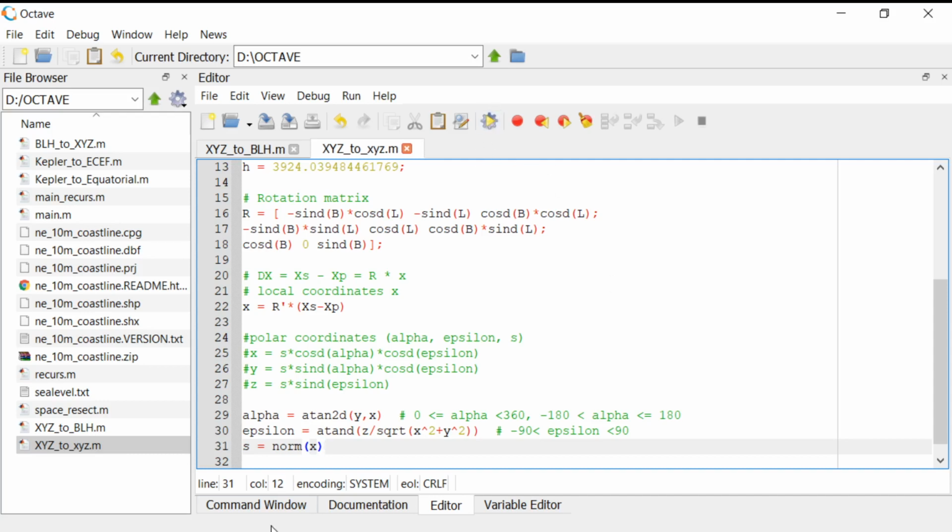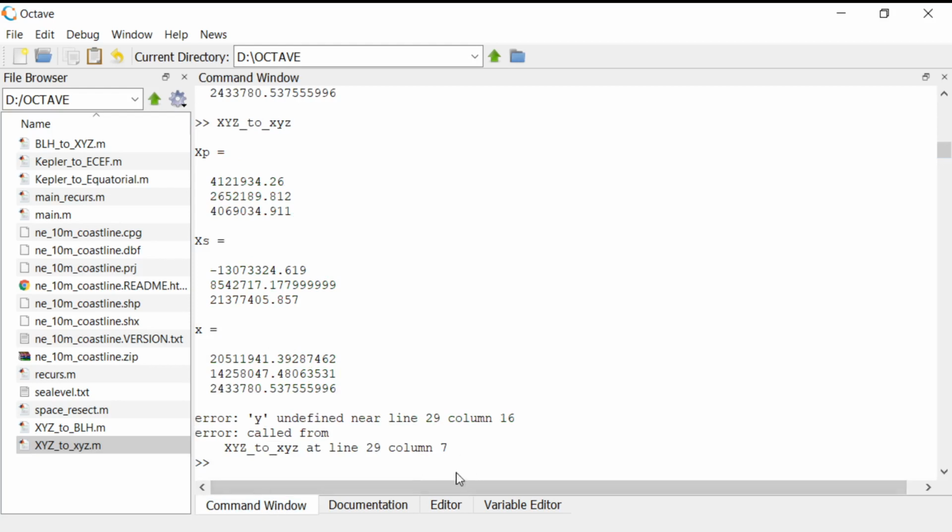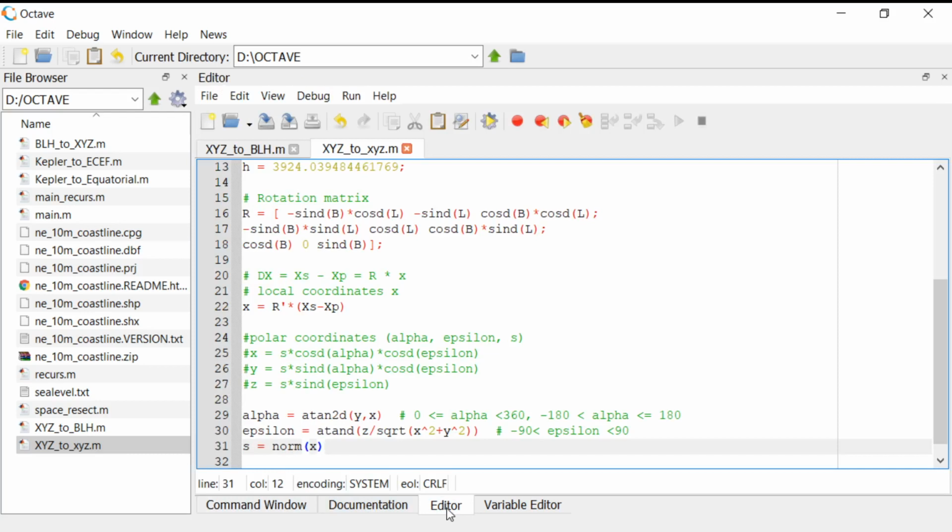Now let's run it, and we have some errors. The point here is that I defined my x vector as the components x, y, and z. So instead of x, y, I need to write x2, the second component of my x vector, and this is the first component.